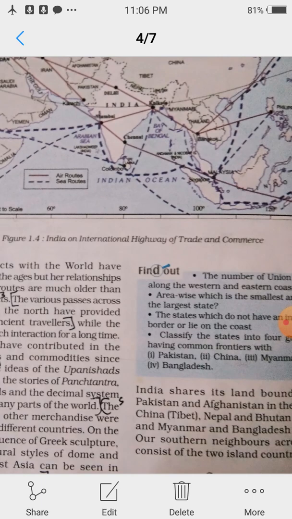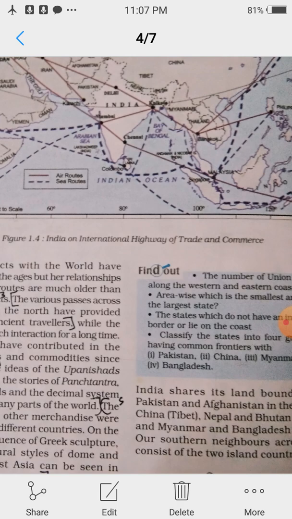It is given that India's contact with the world has continued through the ages, but her relationship through the land routes is much older than her maritime contacts.